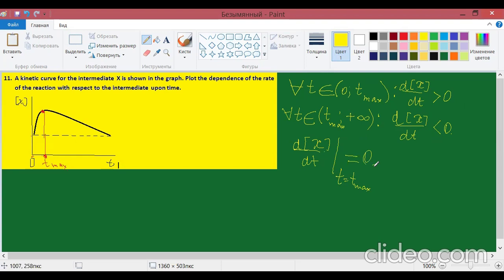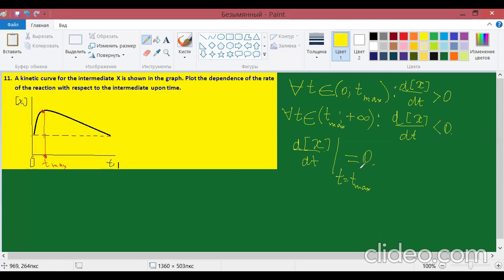On the basis of these, we can plot some scheme, because what does it mean?